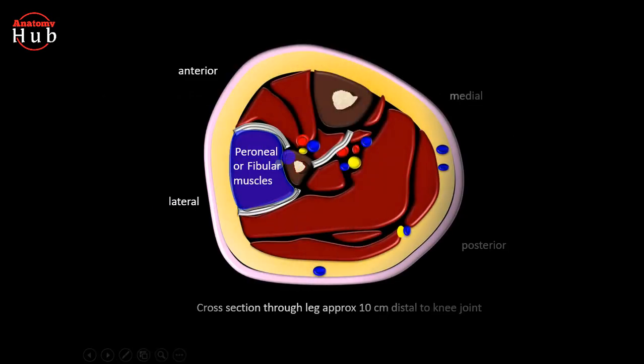Here you can see the peroneus longus and peroneus brevis. These muscles are there. So this is your lateral compartment of the leg, and here you will see this is your lateral surface of the fibula in between the anterior border and the posterior border.